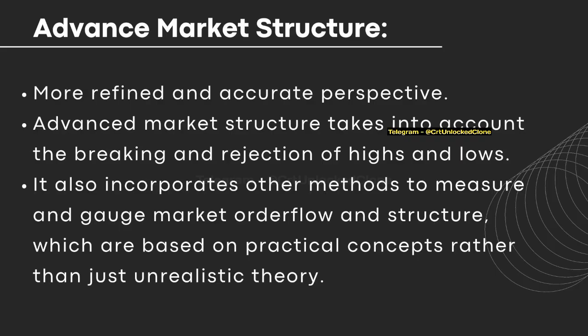Those methods are based around practical concepts that actually relate to price, and you're going to be able to see them on the charts in a logical fashion, unlike basic market structure, which is based around unrealistic theory which you won't ever see on the charts, and they're just cherry picked.